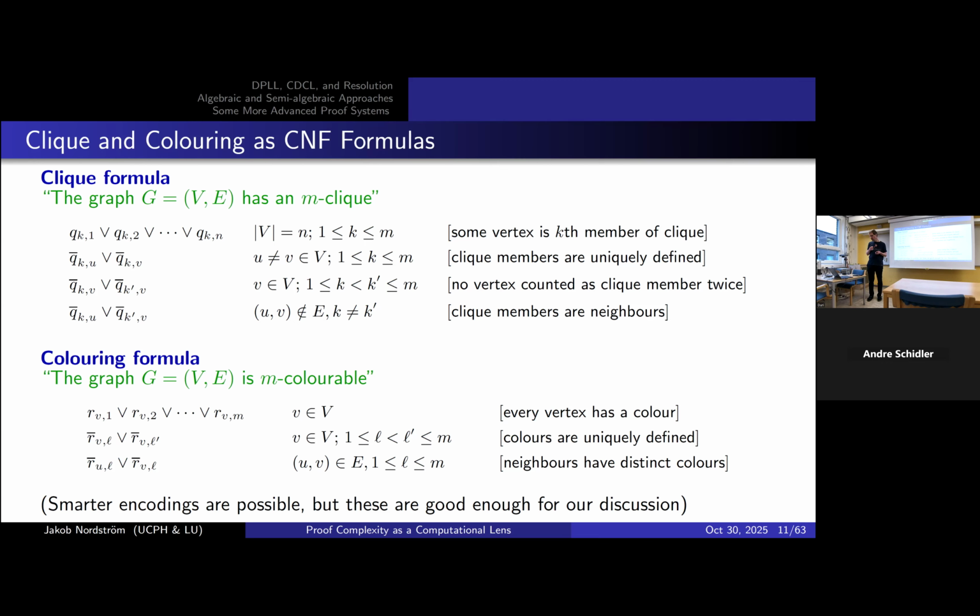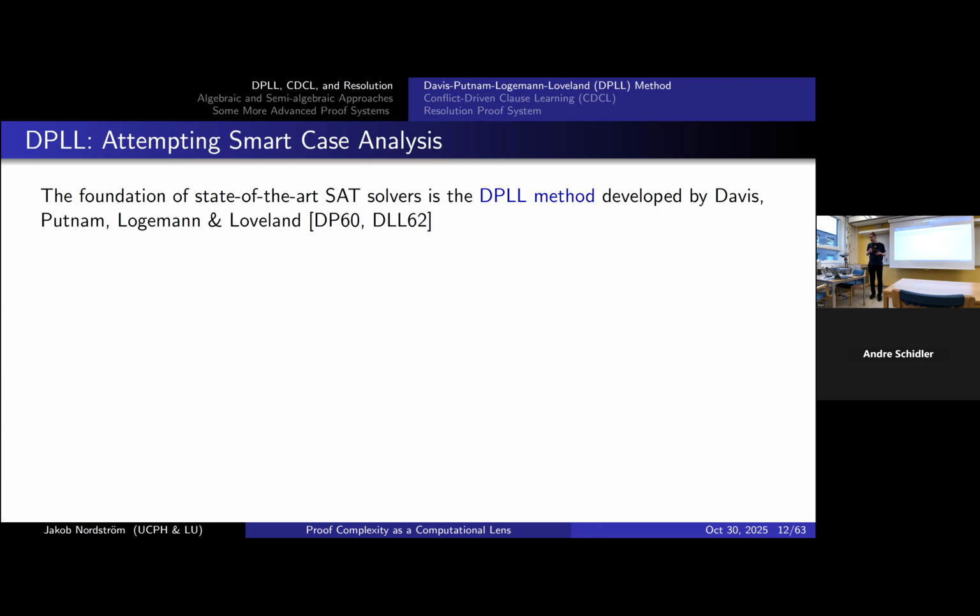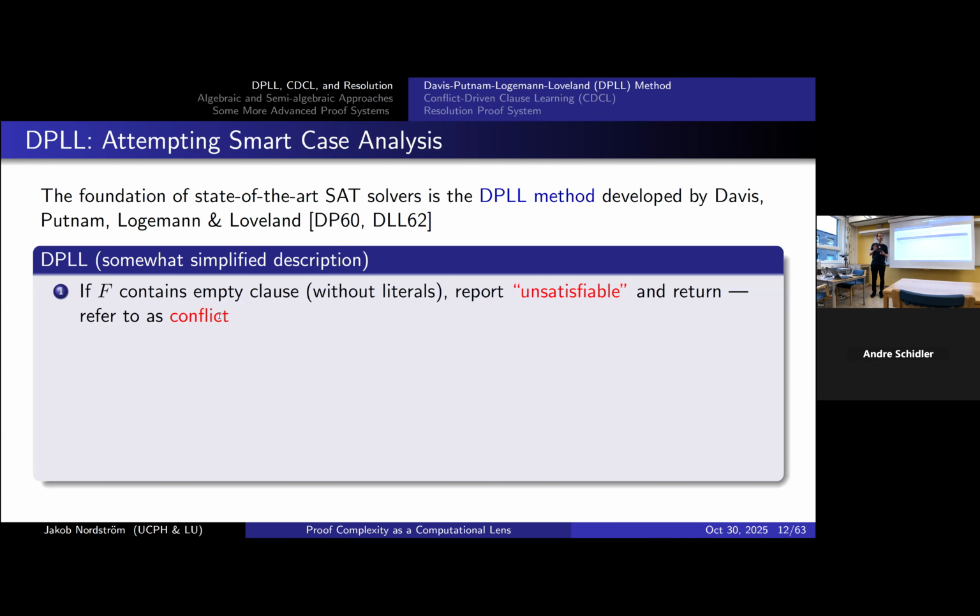Okay, so suppose you're given a formula like this, or our example formula, and suppose we go back to the 60s. How would you have solved this problem? Well, you would have used the Davis, Putnam, Logemann, and Loveland, or DPLL method, which is basically the following. It's a recursive method. There's a base case: you assign variables and then simplify clauses by removing literals from them.